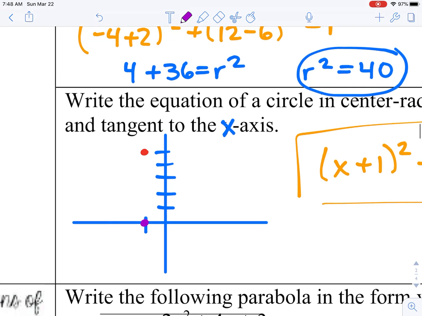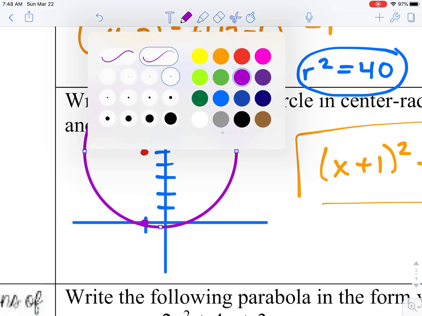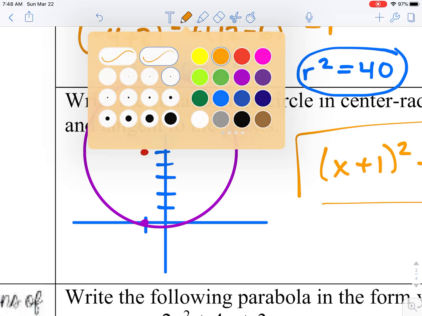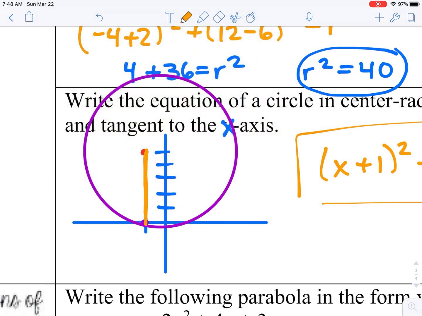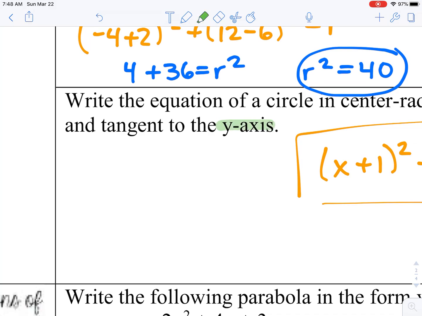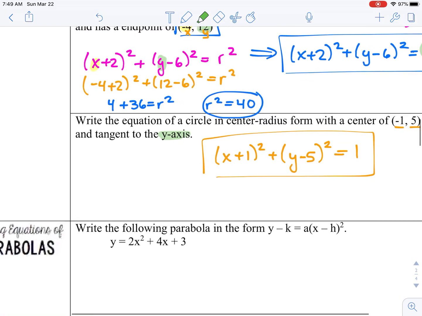Well, that doesn't look like a circle. Let me make a better circle. There we go. If we want to be tangent to the x-axis now, we would have to count how many in this direction, which is an r of 5. So just read carefully what they're asking in terms of which axis, and then draw a picture to help you find your radius.